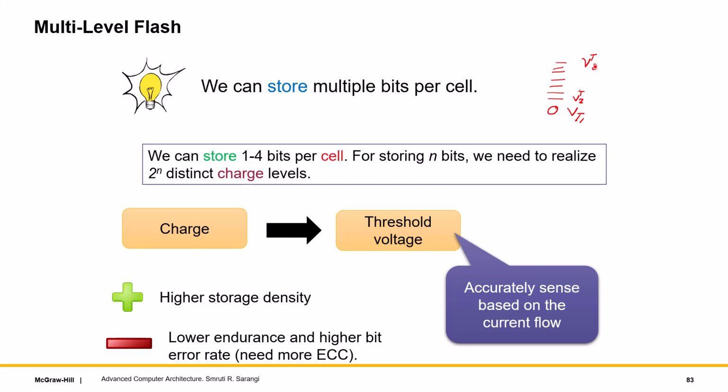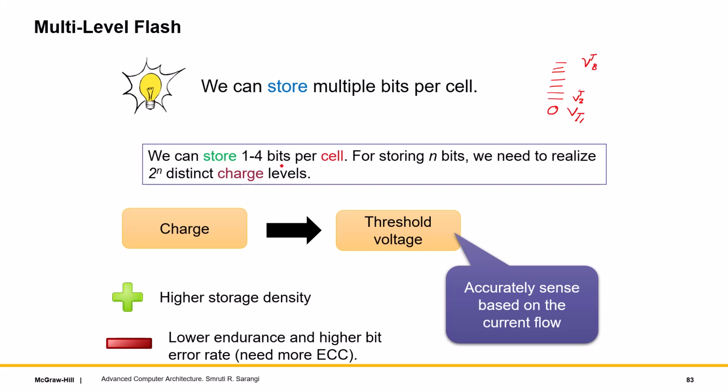What a controller essentially needs to do is either apply one threshold voltage and, based on the amount of current, figure out the actual threshold voltage, or serially apply one threshold voltage after the other until it finds exactly what the threshold voltage of the cell is.